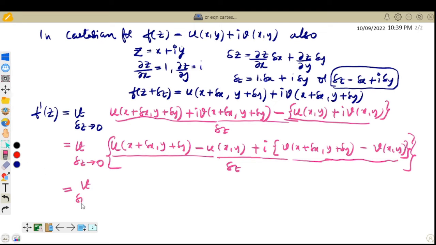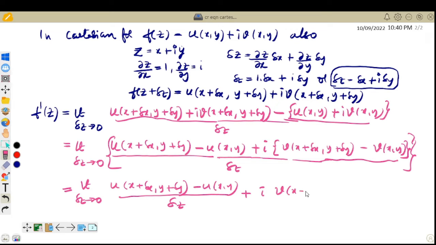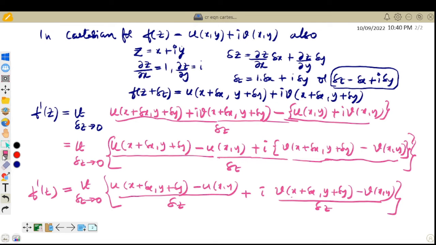So limit as Δz tends to 0 of [u(x + Δx, y + Δy) minus u(x,y)] divided by Δz plus i times [v(x + Δx, y + Δy) minus v(x,y)] divided by Δz. Okay, fine. So left side is f'(z).